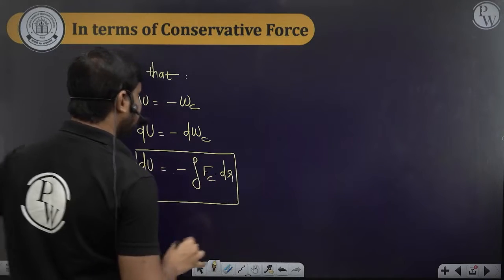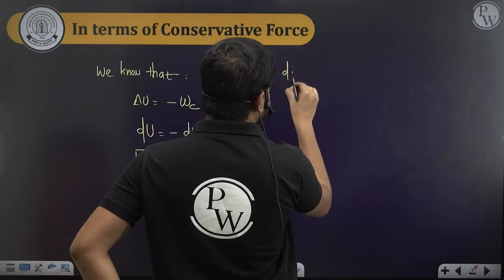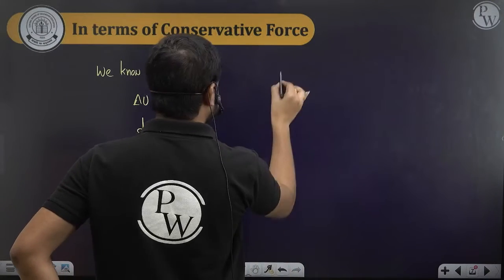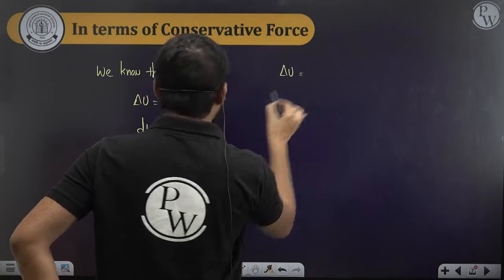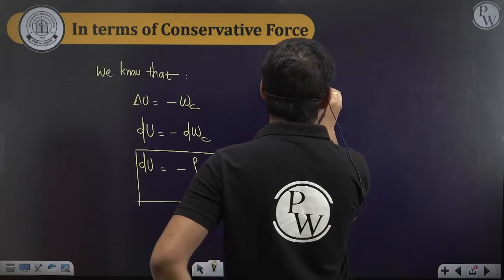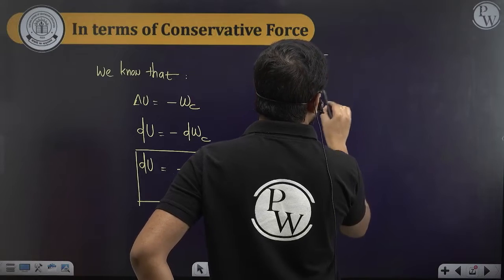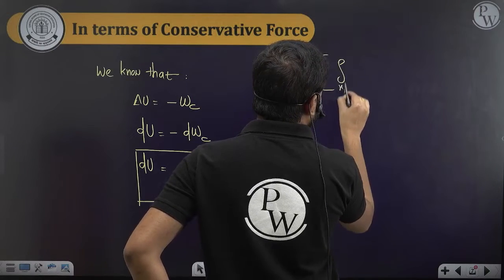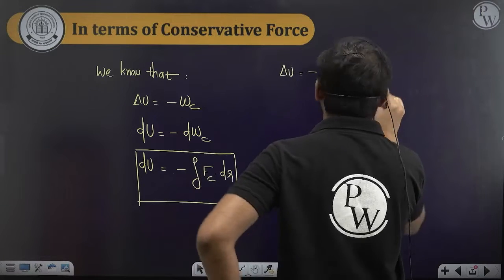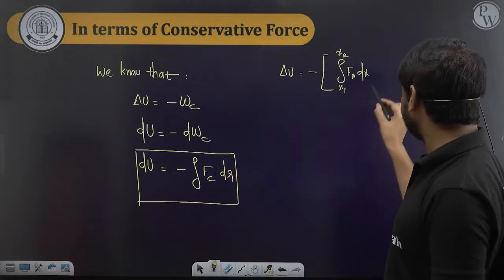You can write this as dU, the change in potential energy, or else the total change in potential energy, delta U. If you integrate on either side, delta U is the negative of the integration from x1 to x2 of Fx dx. Already we have seen this from the previous sessions.